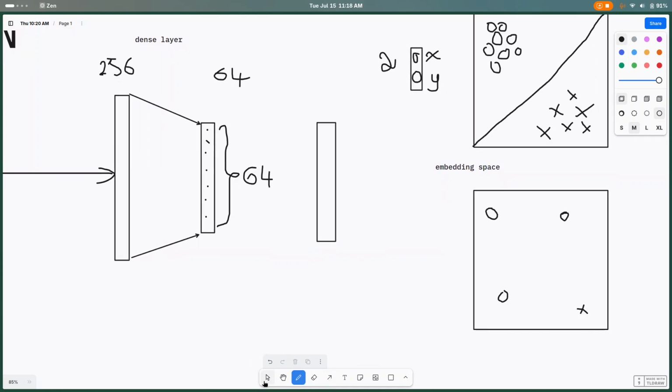So the output is in the form of a vector that has any size. It could be 64, something else. Usually we have a similar size of target, but what is the target? What tells us that this output needs to be something? What is the correct answer of this output?